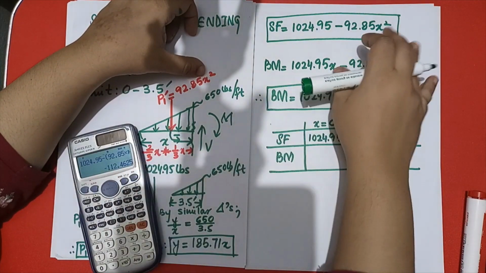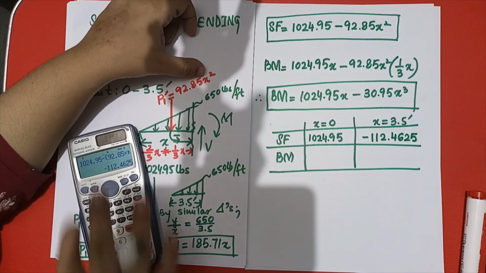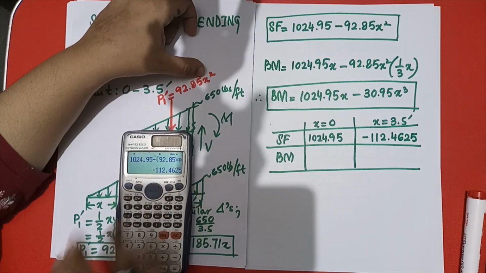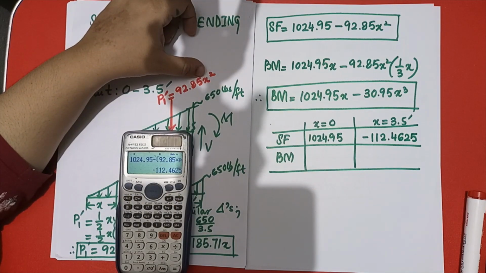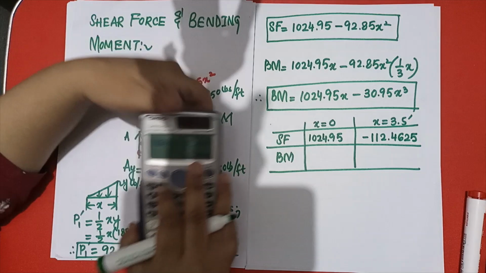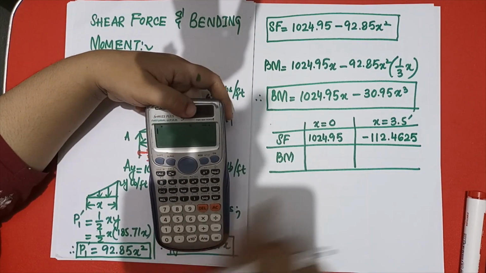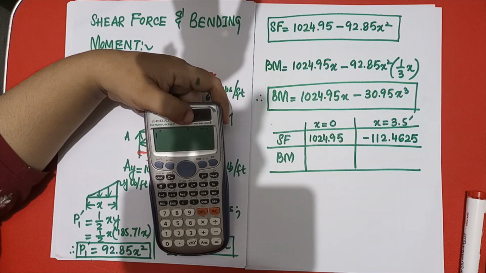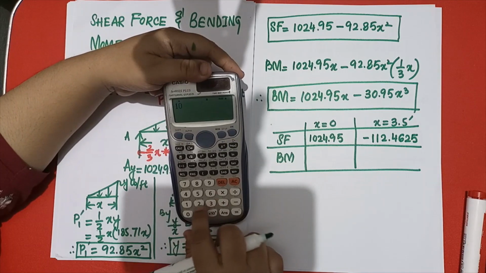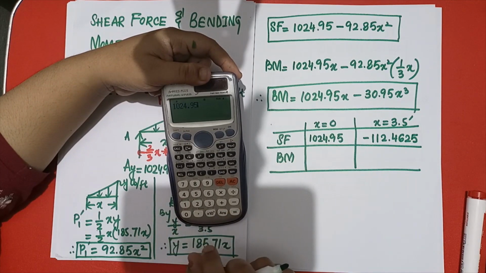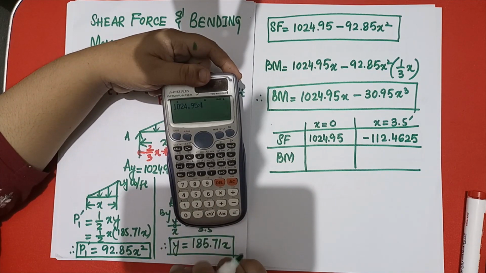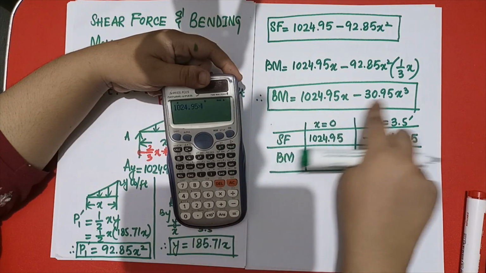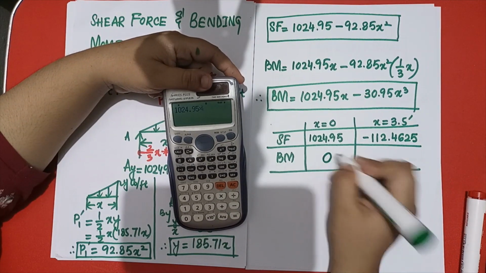So we are getting the quadratic equation over here. Now let me see what answer is coming out here. The bending moment value at x equals 0 will be 1024.95 multiplied by 0, so it will become 0.